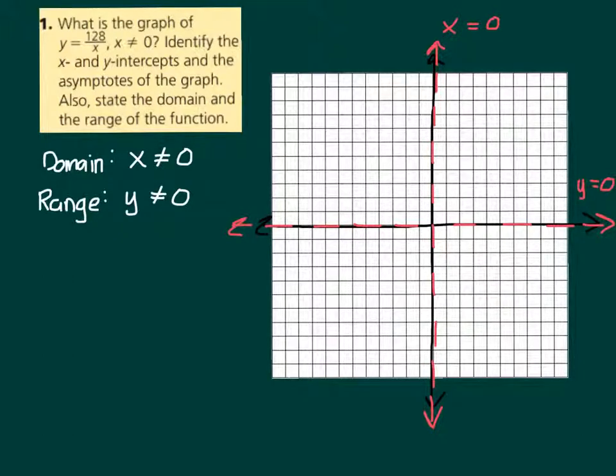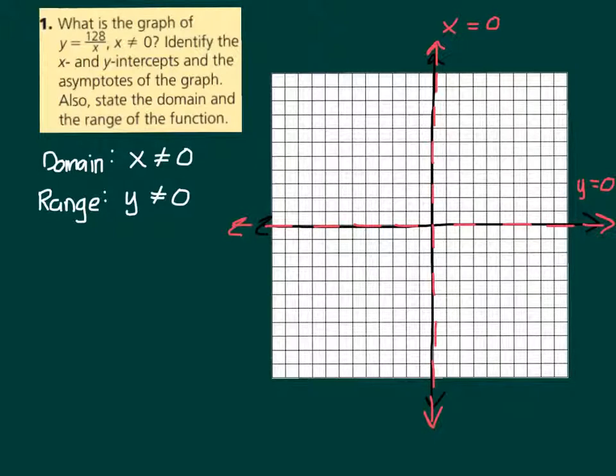Or I could plug in an x value of 1 billion. 128 divided by 1 billion, that's going to be a really small number. So I can make y anything really big, anything really small, and anything in between. And then all of that same logic, just with a negative sign, means it could take on all those values and their opposites. The only thing it cannot be is 0.